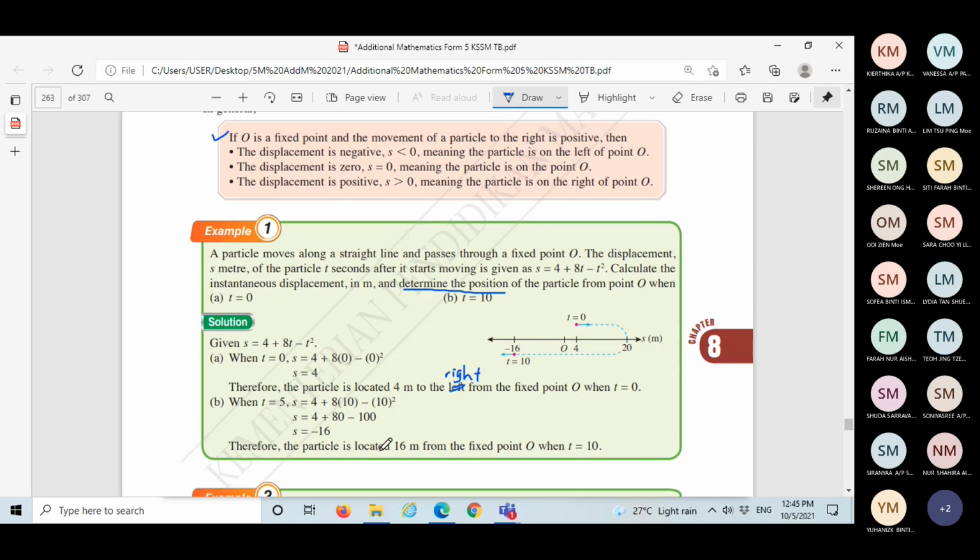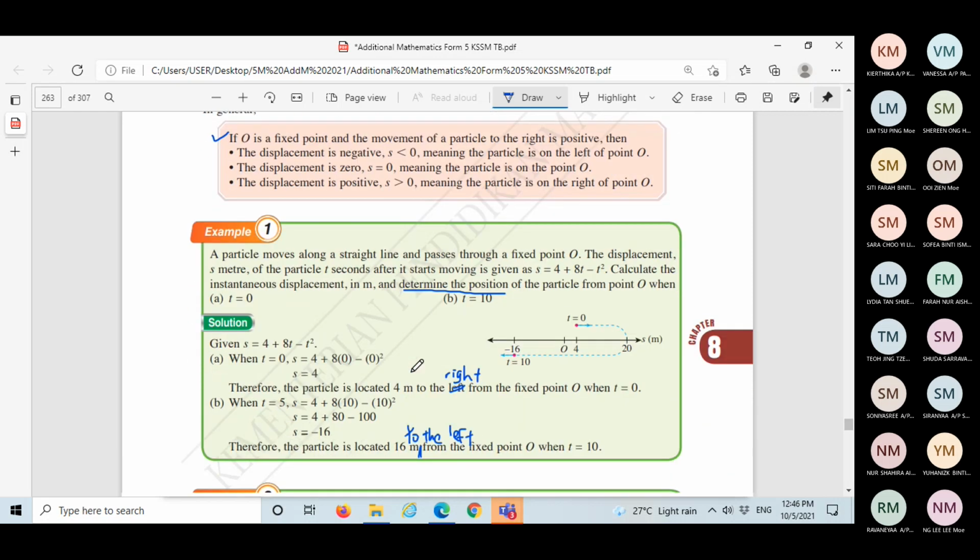You got to say the particle is located 16 meters to the left from the fixed point O when t is 10, because it's negative. This kind of question, you can just substitute t inside the function to get the answer for s.